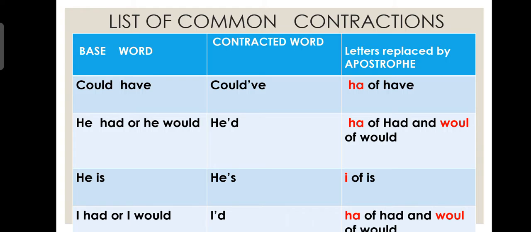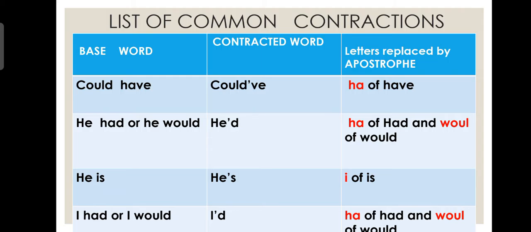So the first word is could have, and the contracted form is could've. So you see that the first word is written as it is, could. Here, to make the contracted form, we remove the HA.